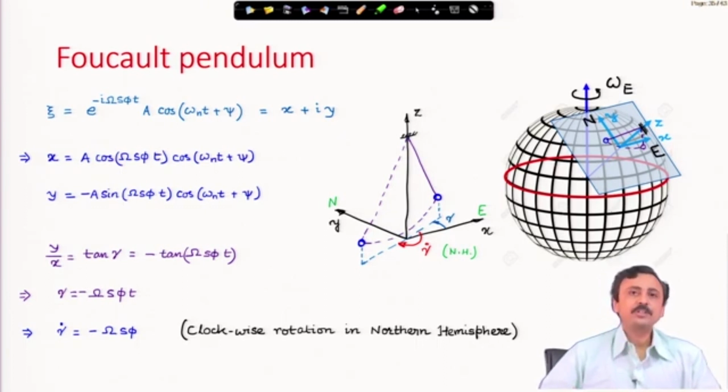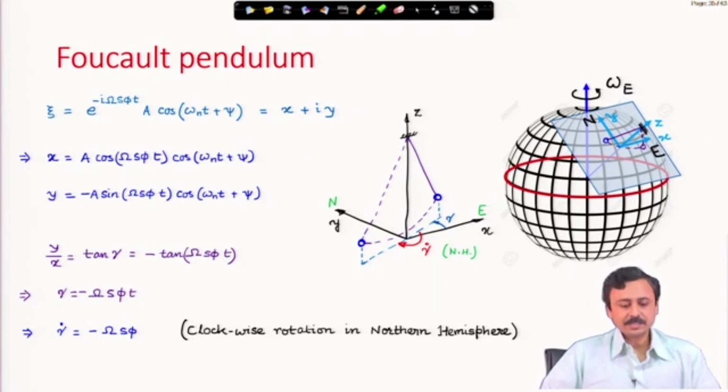Therefore, you have to provide power to this pendulum, so that it does not lose energy because of air damping and various other things. Normally all systems have damping, big or small, and you have to overcome this damping and make this pendulum oscillate for a long time, and then you can see the plane of the pendulum rotating.